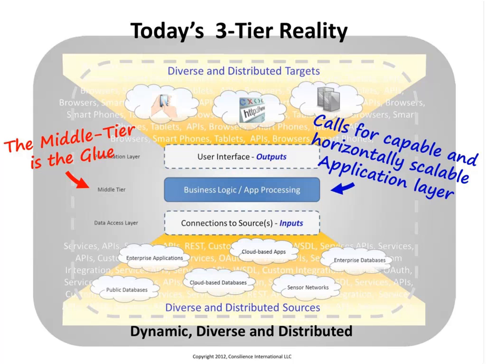And in addition, we have distributed and diverse targets, right? We've got to deliver these to browsers, iPhones, smartphones of various sorts, and maybe to other cloud applications or applications running somewhere else.